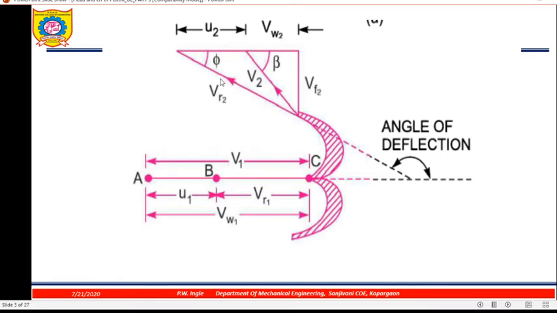At outlet the jet will exit with relative velocity Vr2. Then this is U2. By joining this point and this point you get V2, and V2 will have two components, Vf2 and Vw2. So this is the velocity triangle at inlet and outlet.